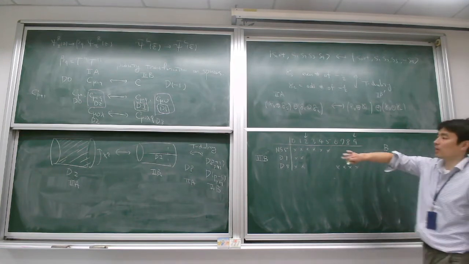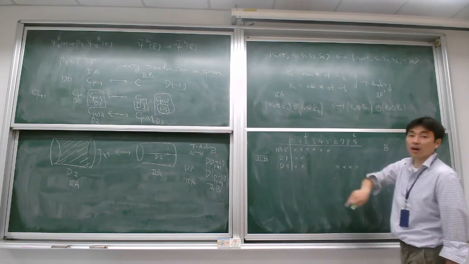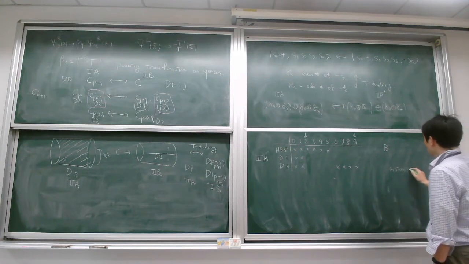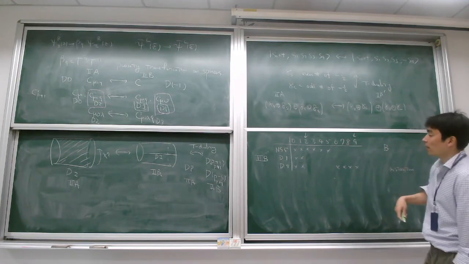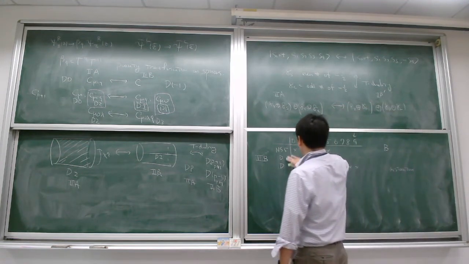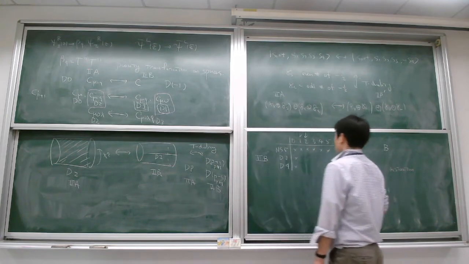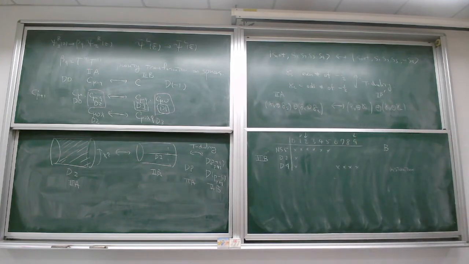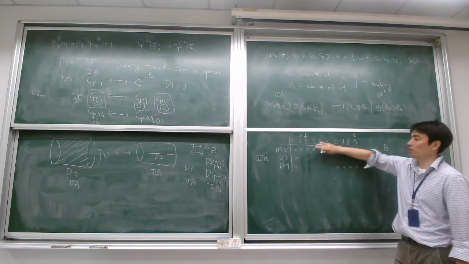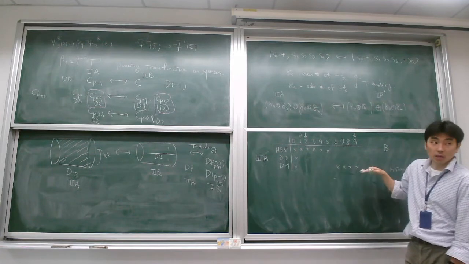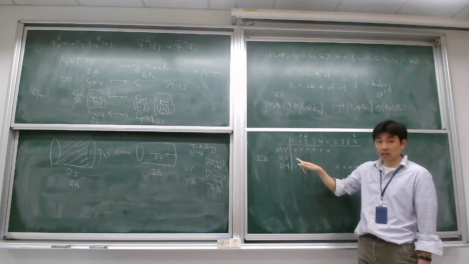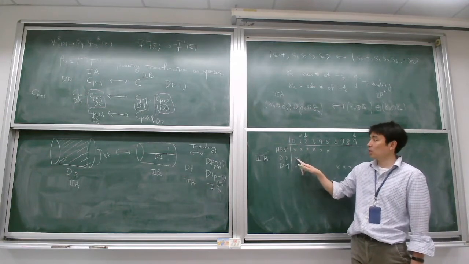And if you forget about the NS5 brane, D1, D5 will give you a so-called instanton configuration. So D1, D5, for instance, if you do one more T duality over here, you get D0 and D4. D0, D4. On the D4 brane, if you forget about NS5, you have a 5-dimensional gauge field and then gauge theory, and there's some instanton configuration in the time direction.